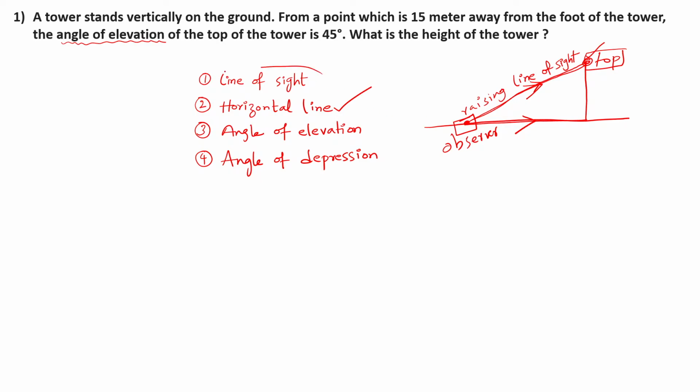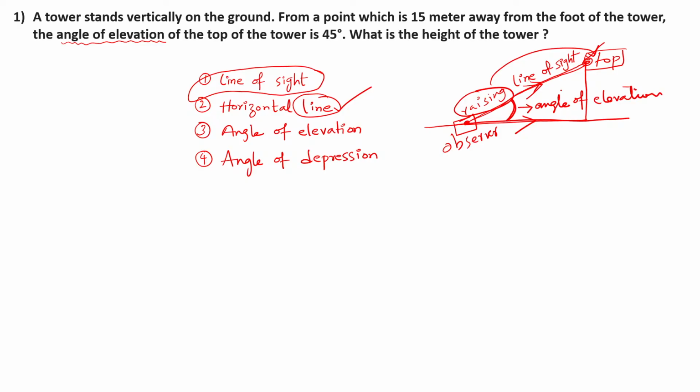So line of sight is the line along which the observer observes the target, and horizontal is the line drawn horizontally with reference to the ground level. Now in this case, the observer is raising his head and observing the target above the ground level. So the angle formed between the line of sight and the horizontal is called the angle of elevation.